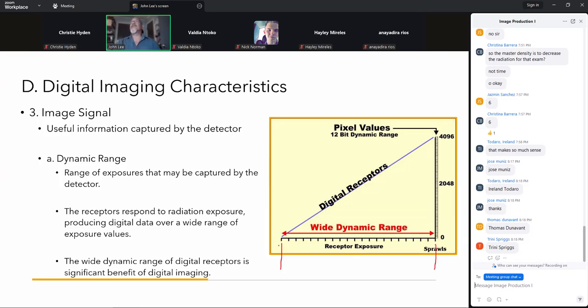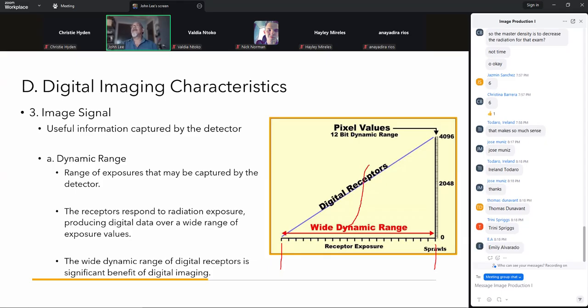So a digital receptor can respond to all of these different levels of exposure, where film may only be able to operate at these levels of exposure. Anything in here will generate an image on film. Anything less than this, the film won't even respond.